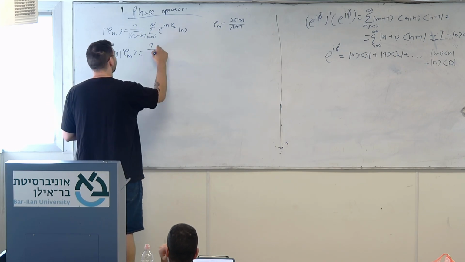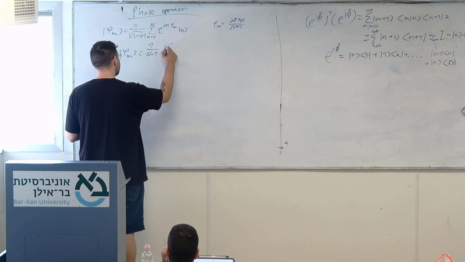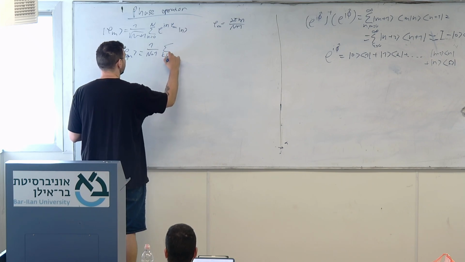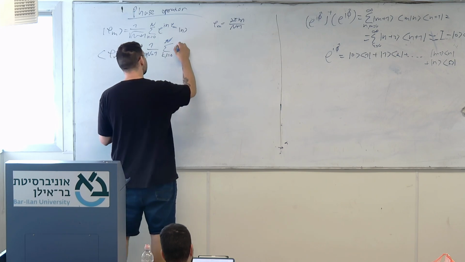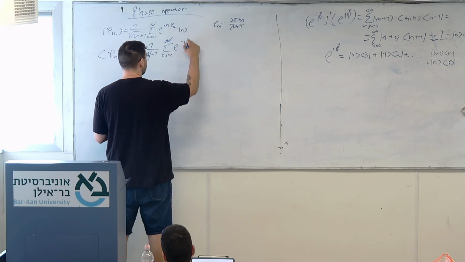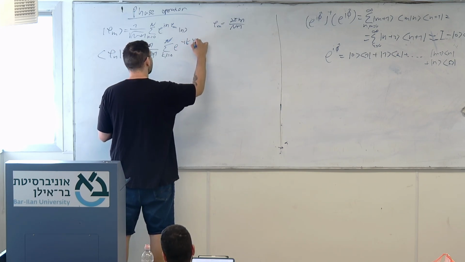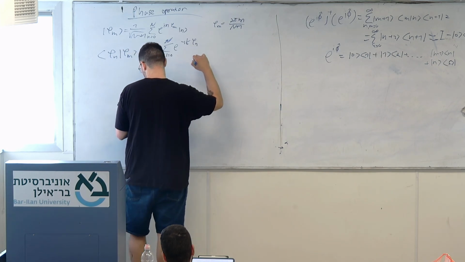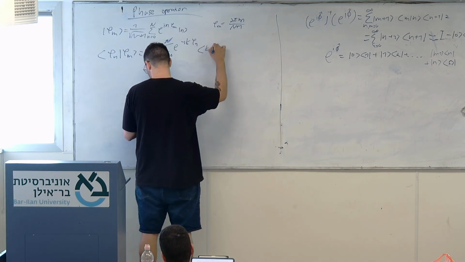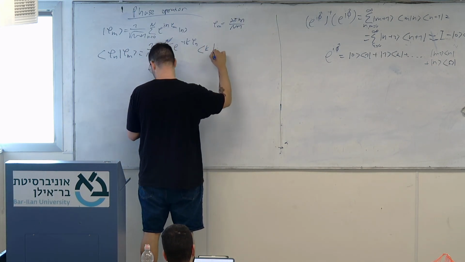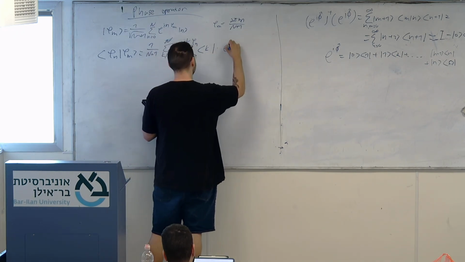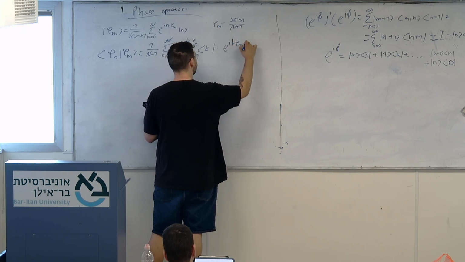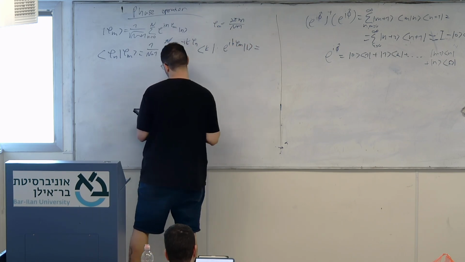So this will be equal to 1 over n plus 1, sum over k, l equals 0 to n, e to the minus i k n, e to the i l m, <k|l>, right?